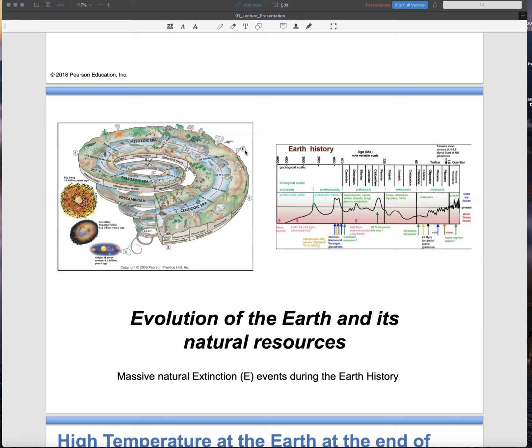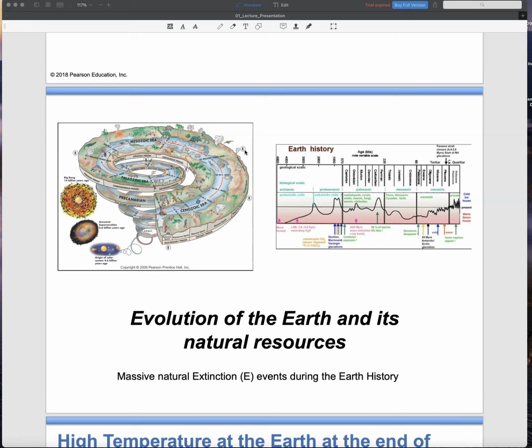And the victims, or the ones who were really affected by this disruption in the climate, produced by a high concentration of sulfuric acid and gases in the atmosphere, were the dinosaurs, as everybody knows.